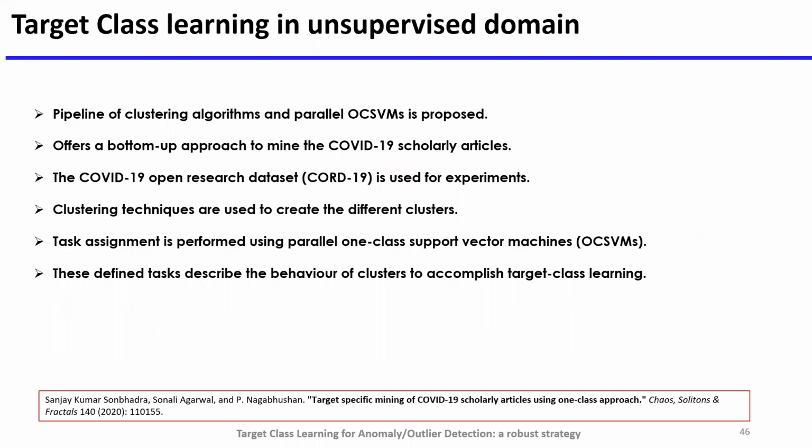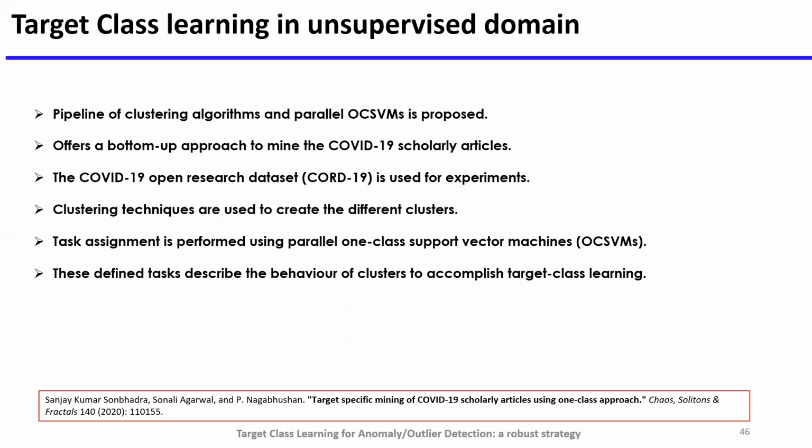So the earlier section was all about the use case of the one-class classifier for anomaly detection, and all those things were done in supervised mode. Suppose we want to learn the target class in the unsupervised domain, then what should be the approach?